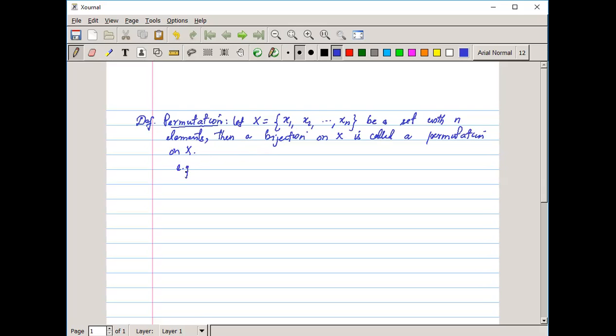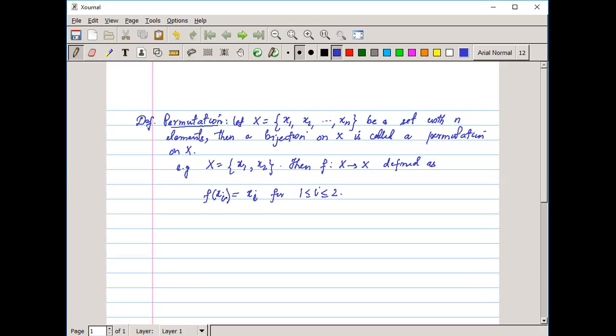For example, suppose X is equal to {x1, x2} with two elements. Then a function f from X into X defined as f of xi is equal to xi for 1 less or equal to i less or equal to 2, because there are two elements in this set.